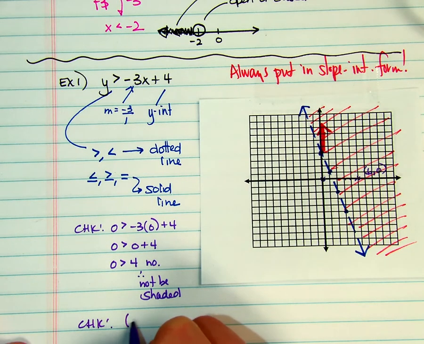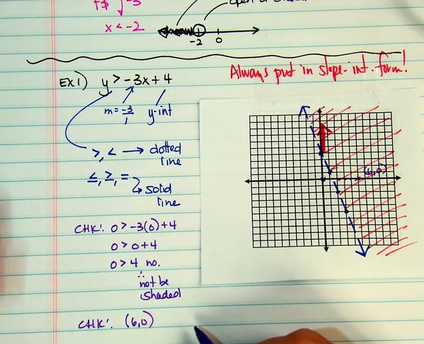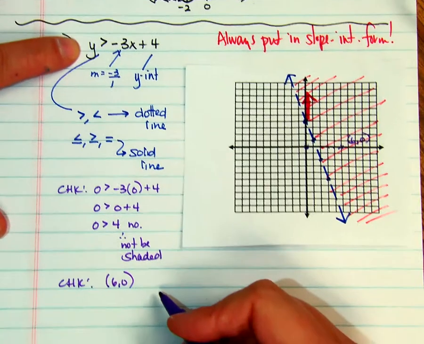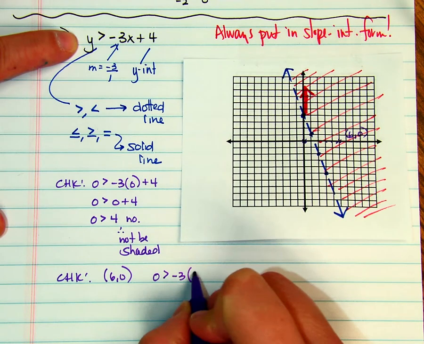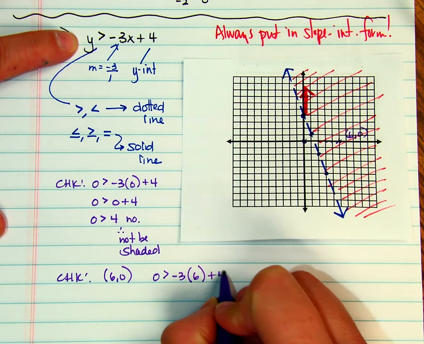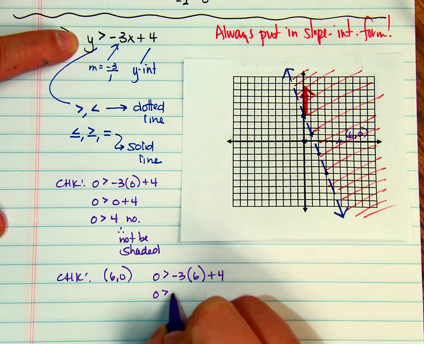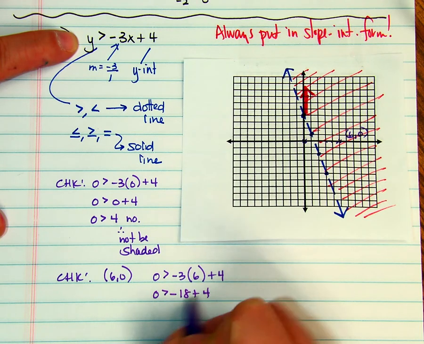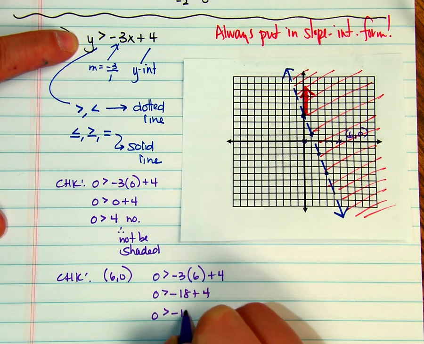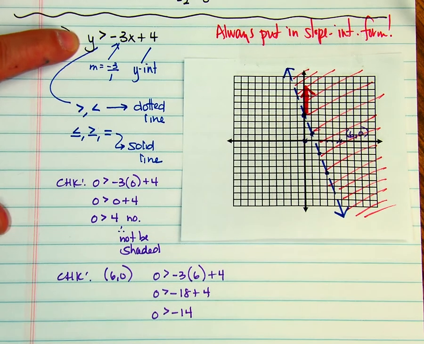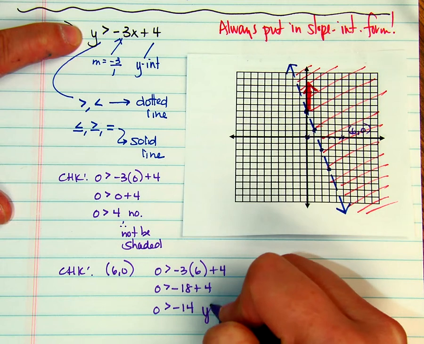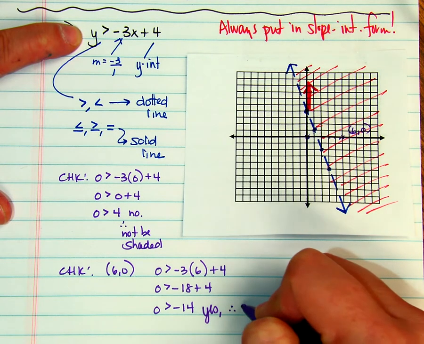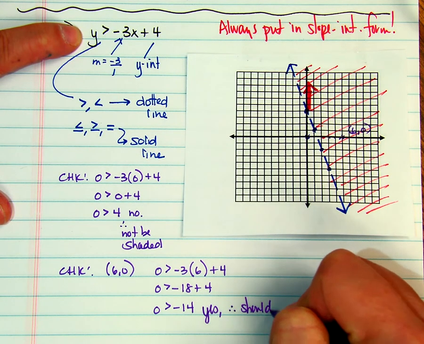So if I plug that into my original, I have 0 is greater than negative 3 times 6 plus 4. 0 is greater than negative 18 plus 4. 0 is greater than negative 14. Is 0 greater than negative 14? Yes, it is. Therefore, this should be shaded.